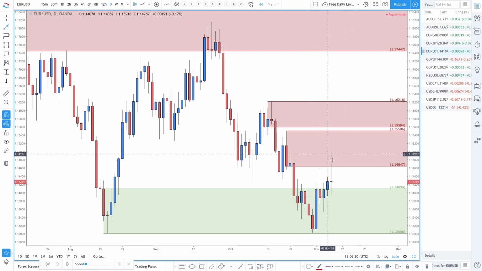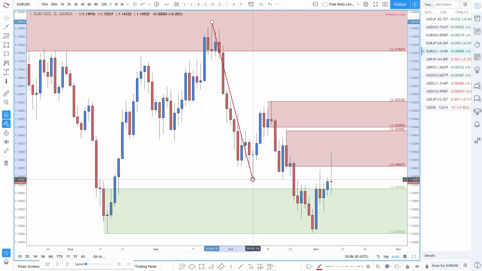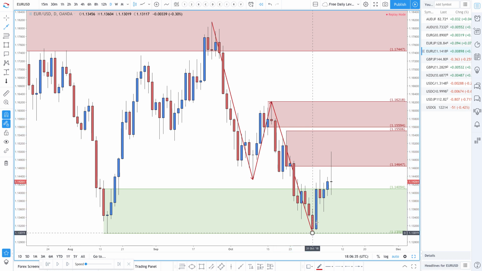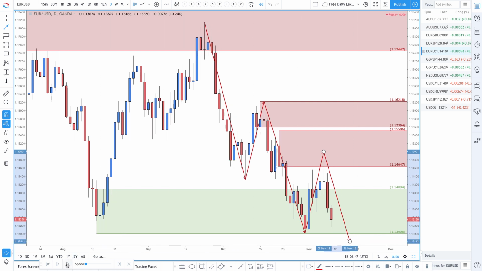Something up here and a bit of a pullback would have been the best trade to take. Everyone talks about trend, right? We've got lower highs, lower lows being made. So why not forget taking a lower probability trade here and wait potentially for prices to come up to here before taking a trade down to the lows?